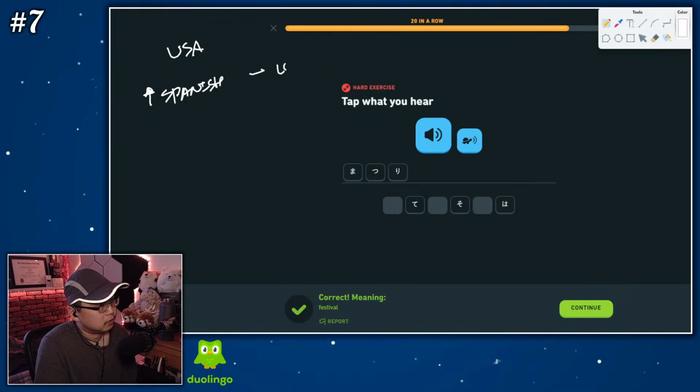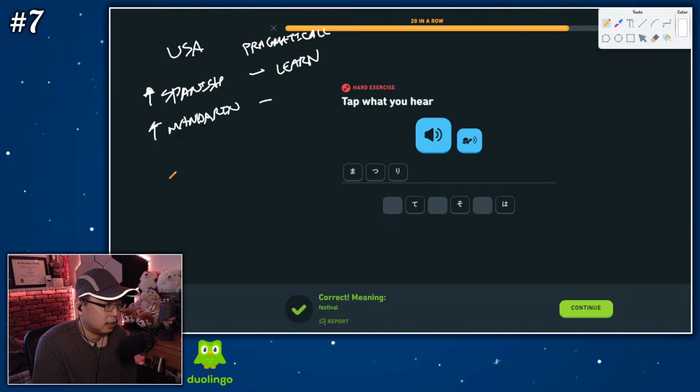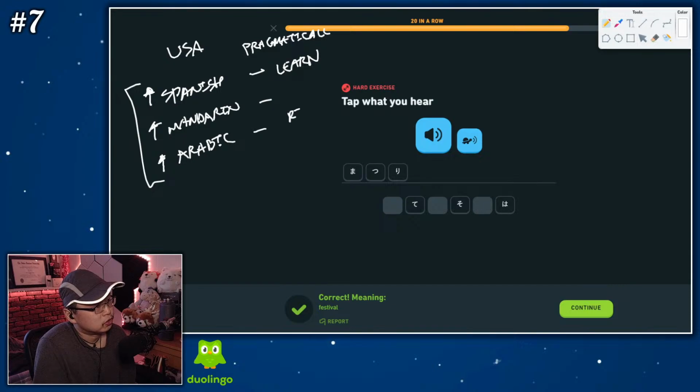So I did learn Spanish formally because of that. Because if you're thinking pragmatically, Spanish has a gigantic reach. And then the other one is Mandarin. And then I would say third would be Arabic. These are just largely based on reach, like pure pragmatic numbers.